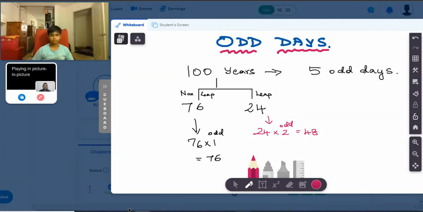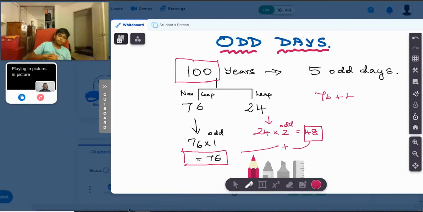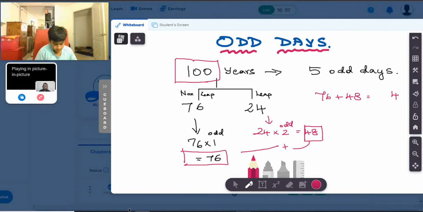So in 100 years, you have 76 plus 48. What is 76 plus 48? Try, if you get it wrong it's not a problem. 124, right?